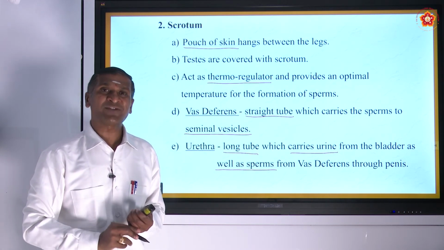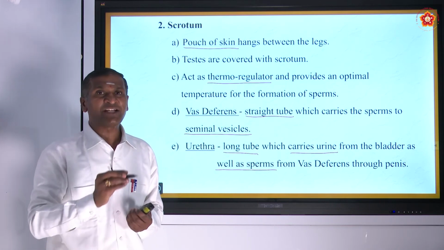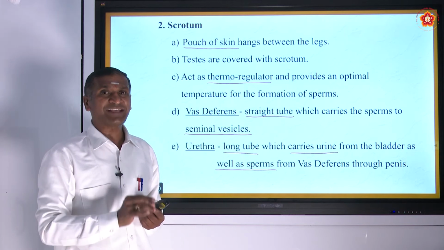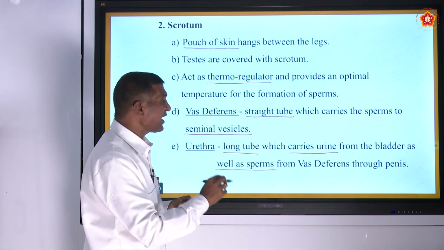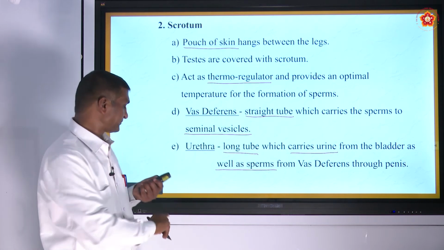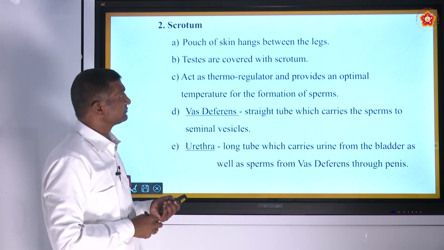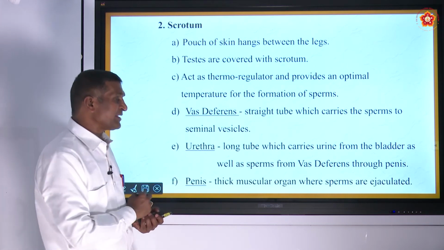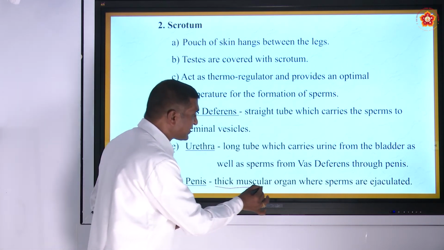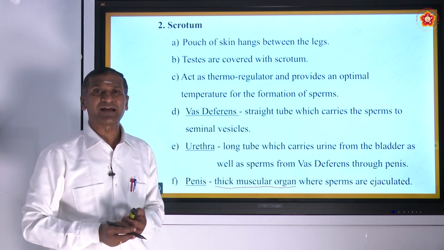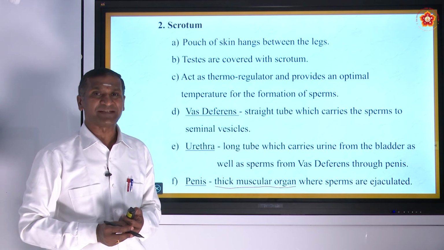So sperms from the vas deferens and urine from the urinary bladder are both carried by the same part, and that is the urethra. The penis, which I already mentioned, is a thick muscular organ where sperms are ejaculated.